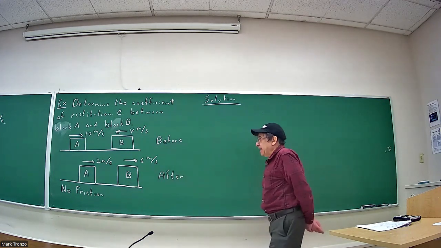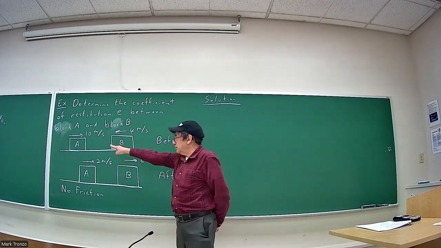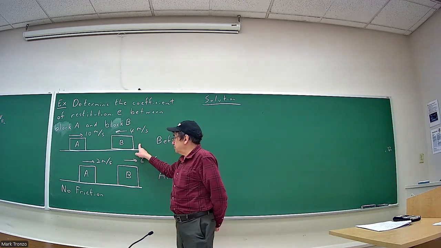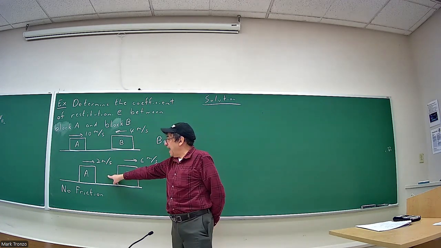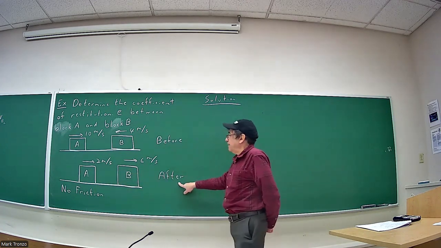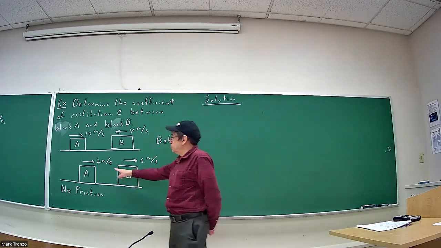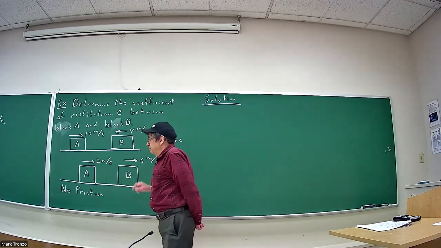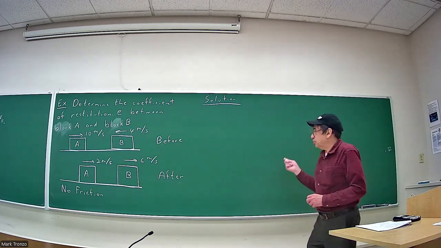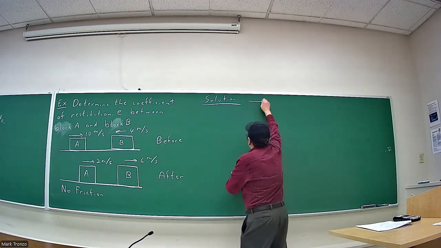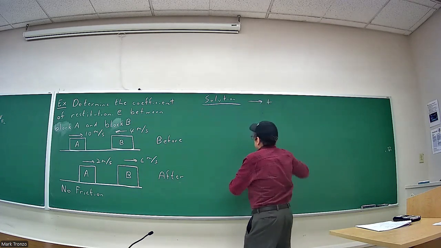And so block A starts with 10 meters per second to the right, B 4 meters per second to the left. Velocity of A after impact is 2 meters per second to the right, and B is 6 meters per second to the right. So again, when we do this, we'll have to define, maybe call to the right positive.